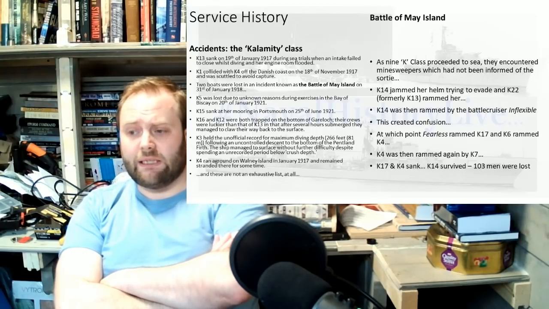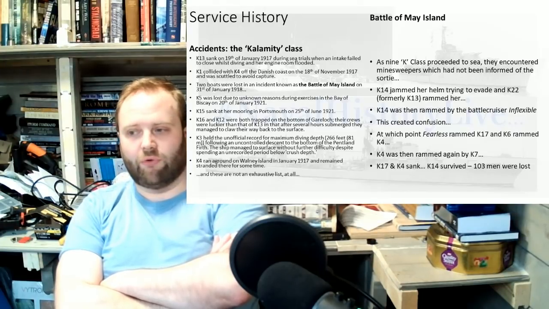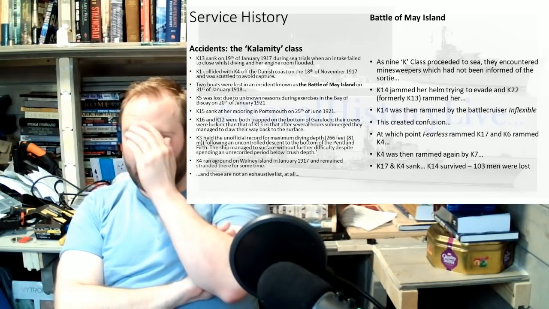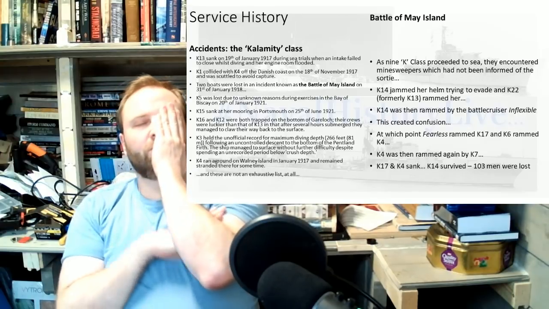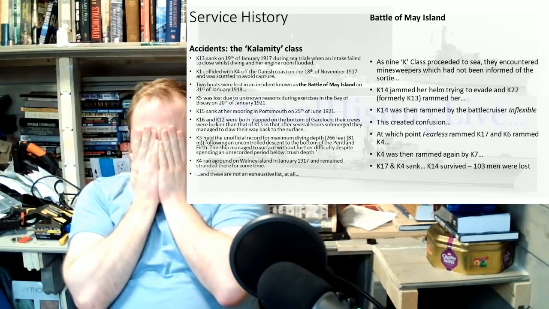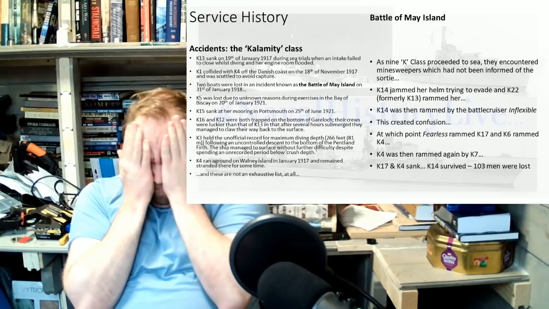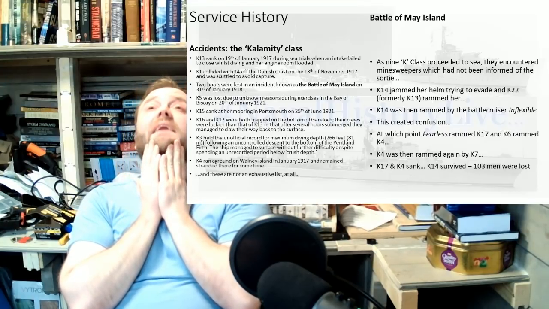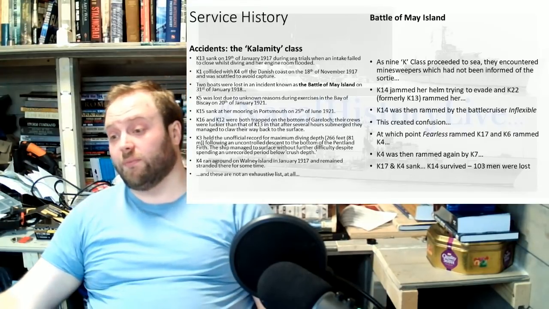K18, 19 and 20 became the new M-class submarines. As if there weren't enough troubles with the M-class to begin with.